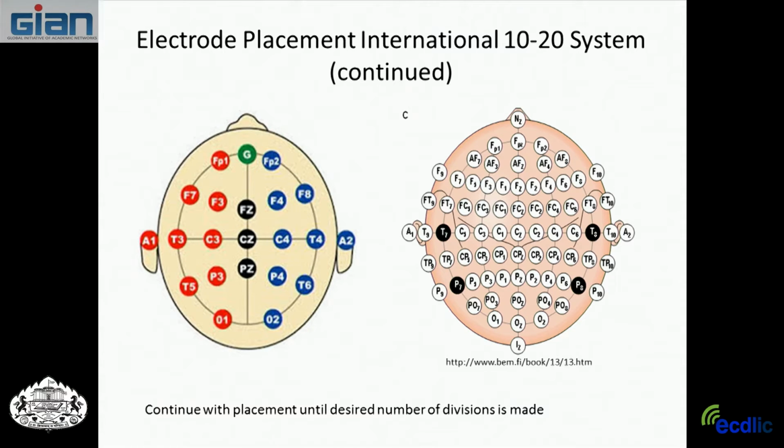But they're placed in a standardized way, and the different locations are named in a standardized way internationally, so that everyone doing EEG research understands where an electrode and the signal that was measured is coming from. And so this is a great way of making EEG research applicable and standardized throughout the whole world.